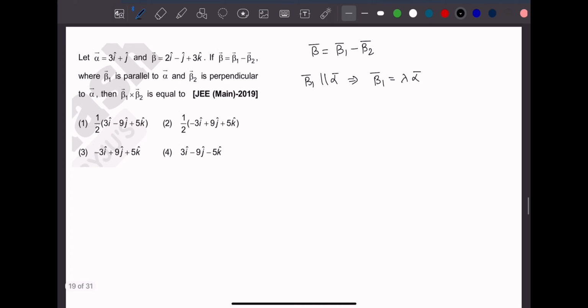In the second line we have beta 2 is perpendicular to alpha, which implies beta 2 vector dot alpha vector is equal to 0.